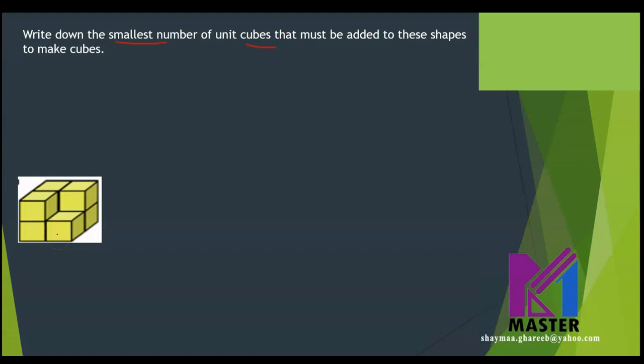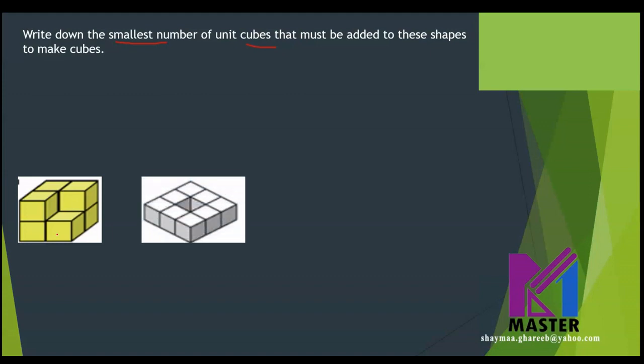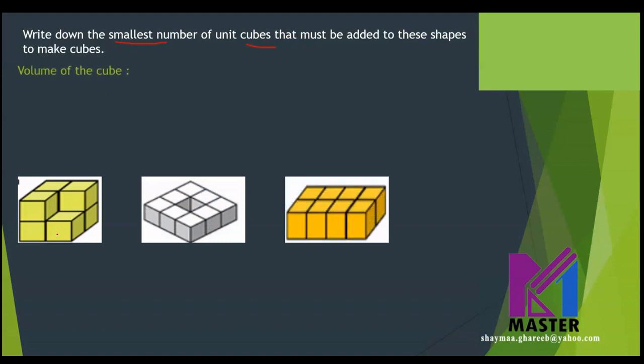What if I have a complicated shape with a larger number of cubes and a larger number of missing cubes? How should I think? First of all, I have to identify the length and width of the cube, and remember the volume of the cube.